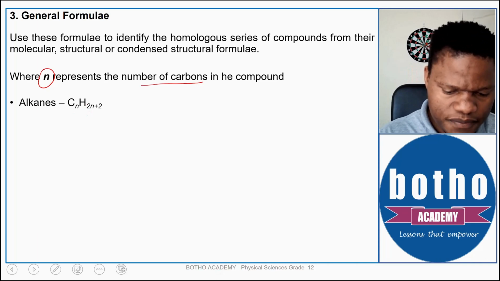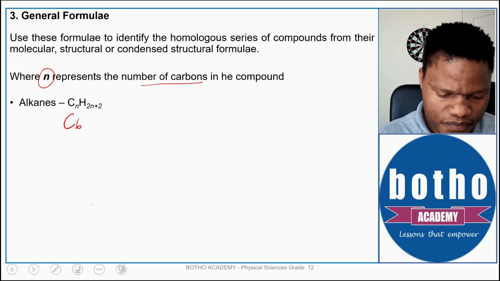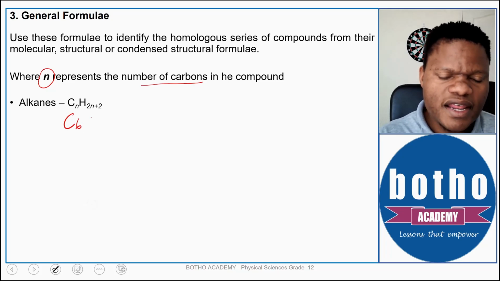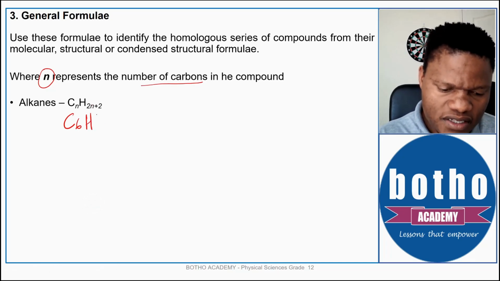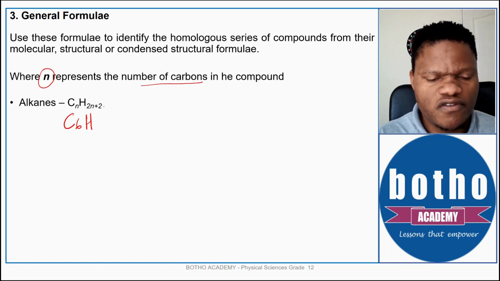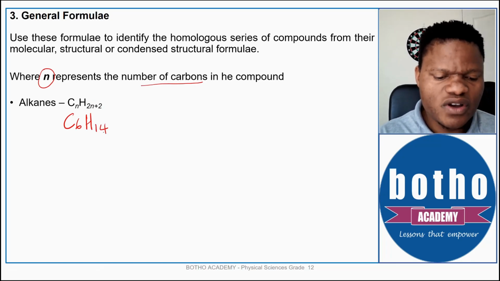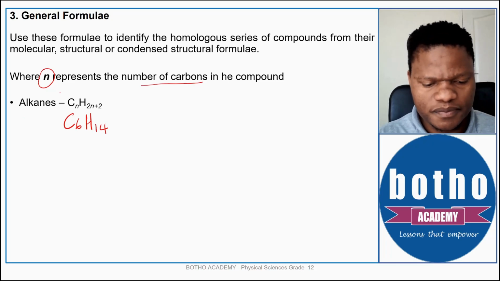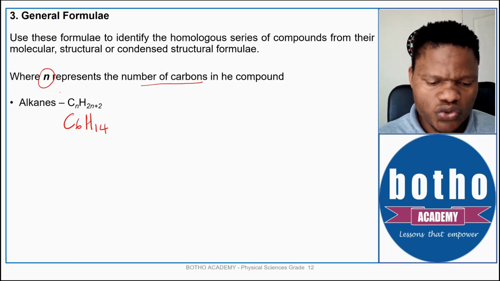If you had, for instance, 6 carbons, let's say this is C6, the number of hydrogens would be 6 times 2, as you can see, 2n there, which is 12, plus 2, then it becomes H14. So alkanes have this general formula. So why are we doing this? We are doing this so that we are able to see.